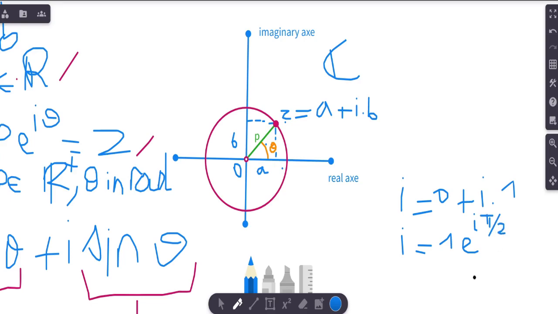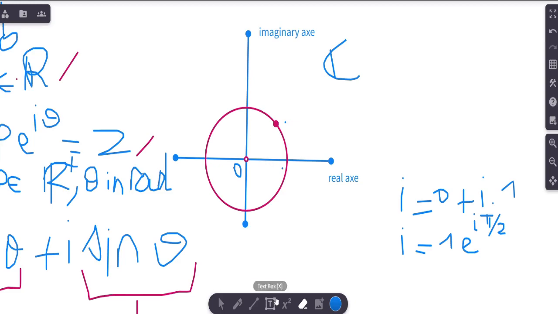Because this angle here, so I'm going to remove this. So on the complex plane, i would be, let's say here, it would be i.